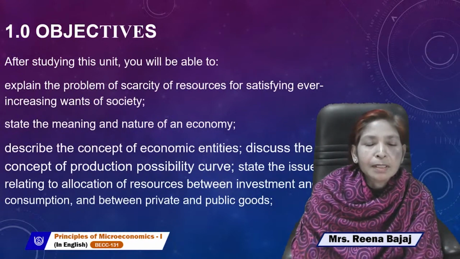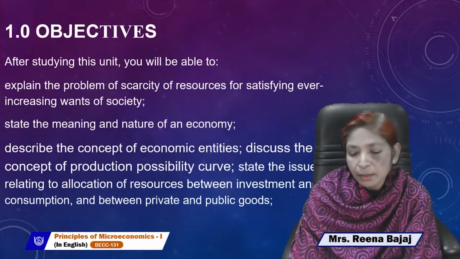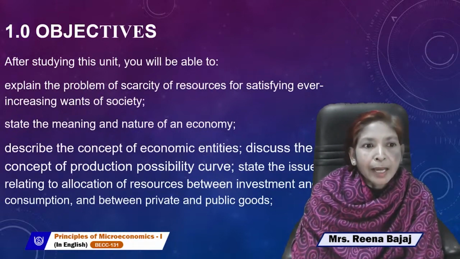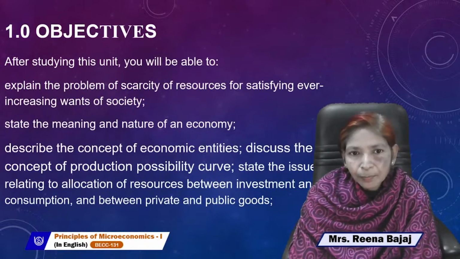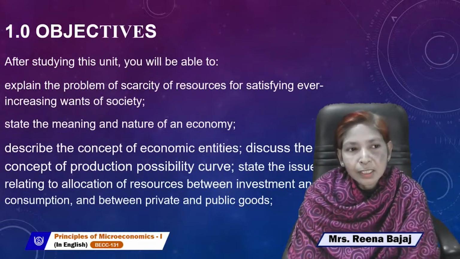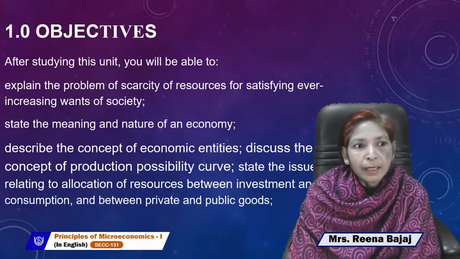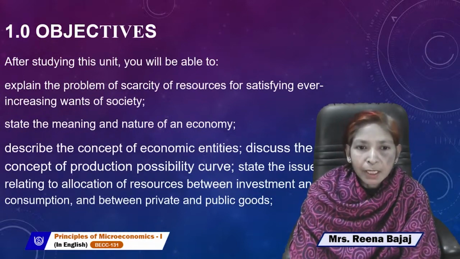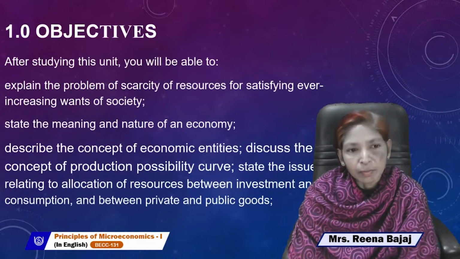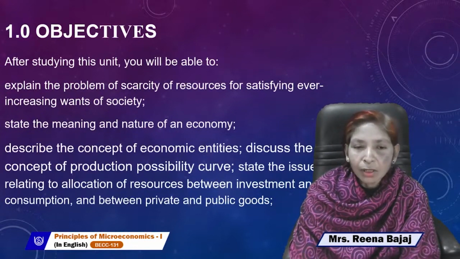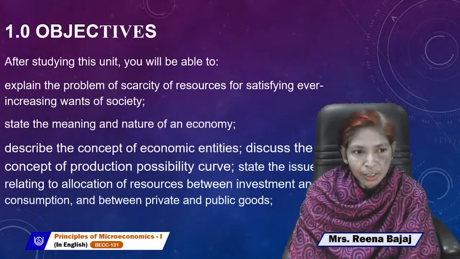Okay, so now the objective of this unit is to explain the problem of scarcity of resources for satisfying the ever increasing wants of society. Next is to state the meaning and nature of an economy. I will discuss all these topics in this session.